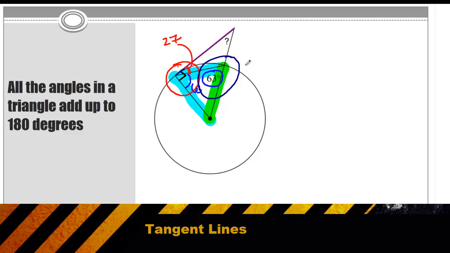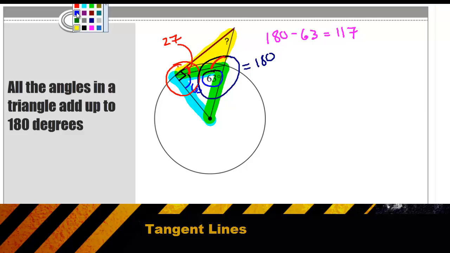That means combined they must equal 180 degrees, or the larger outside angle will be equal to 180 minus 63, or 117.